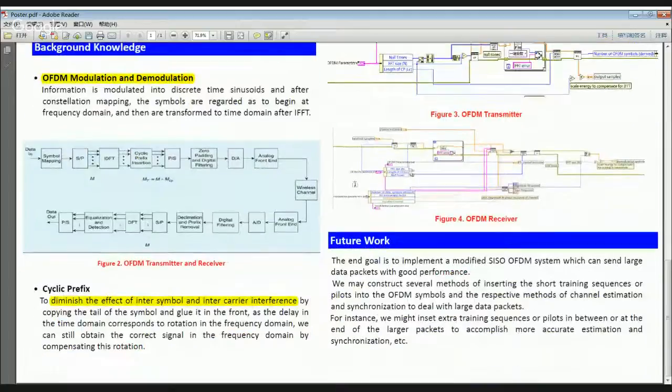As for the future work, as we mentioned before, the end goal is to implement a modified system which can send large data packets. So we need to modify the method of inserting the short training sequences or pilots into the OFDM symbols, and also change the respective methods of channel estimation and synchronization to deal with large data packets.